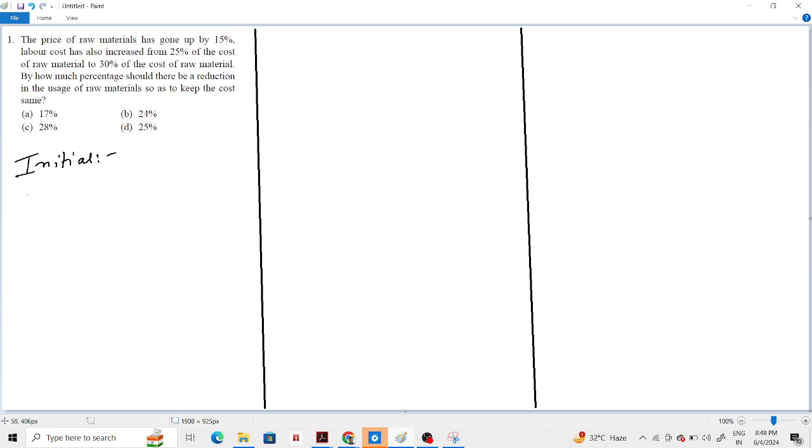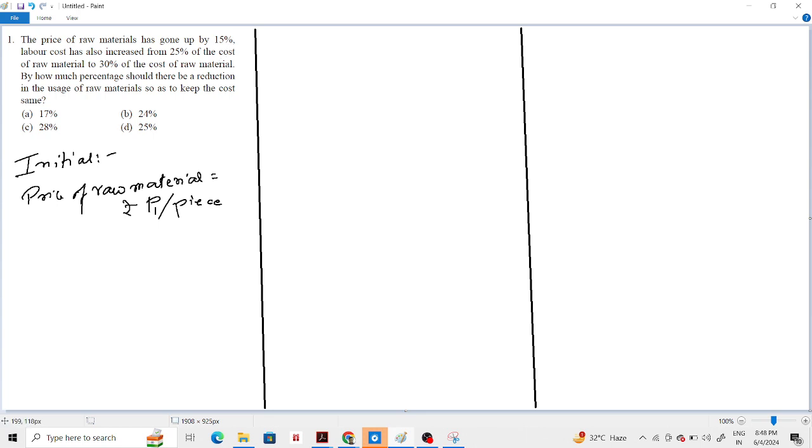Let the price of raw material be, say, let me take it as P, rupees P per piece. Okay, P1 because initial I am taking.